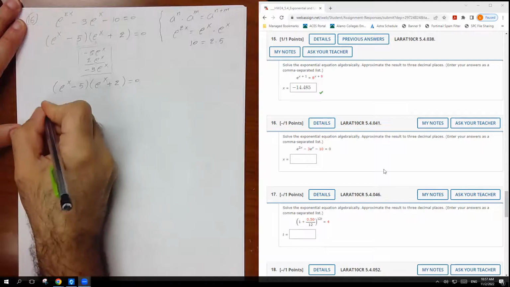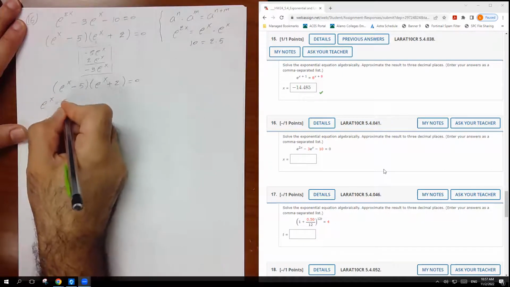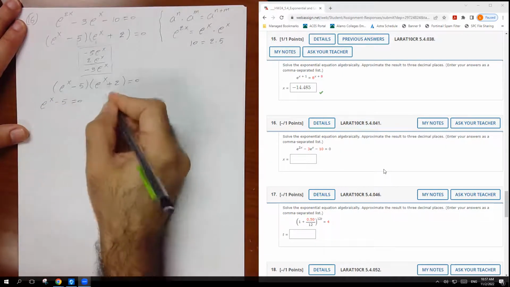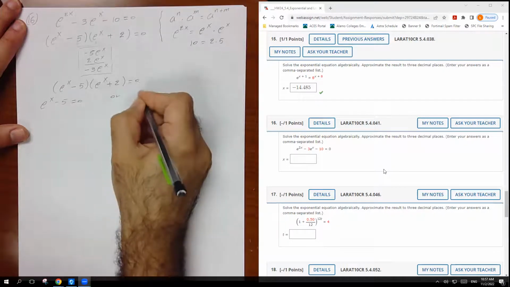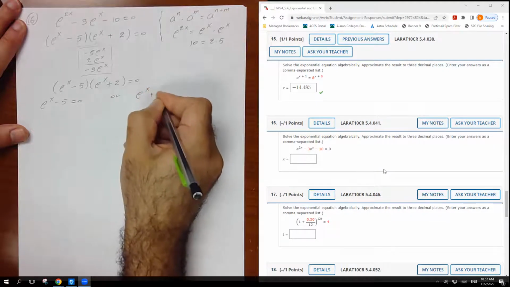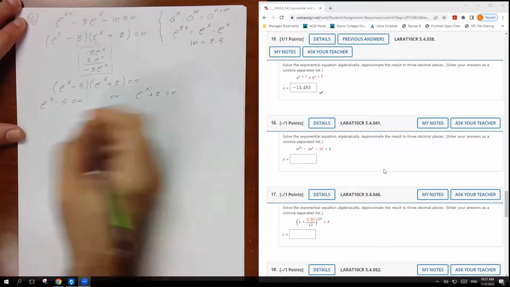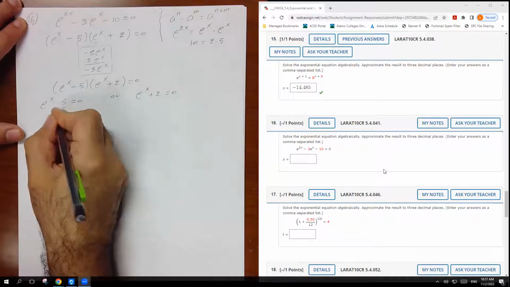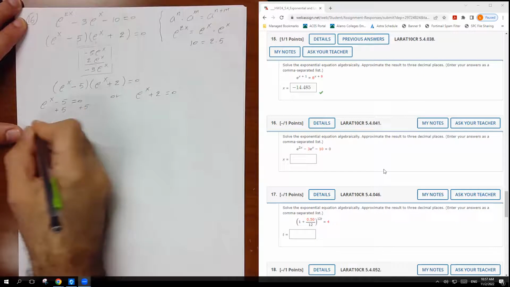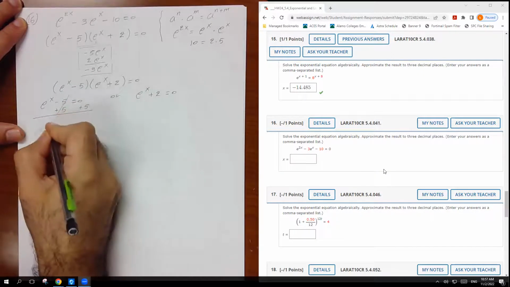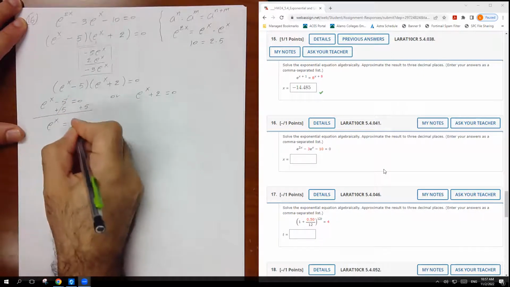Let's solve this one. That means e to the x minus 5 equals 0, or e to the x plus 2 equals 0. You're going to add 5, that means e to the x equals 5.